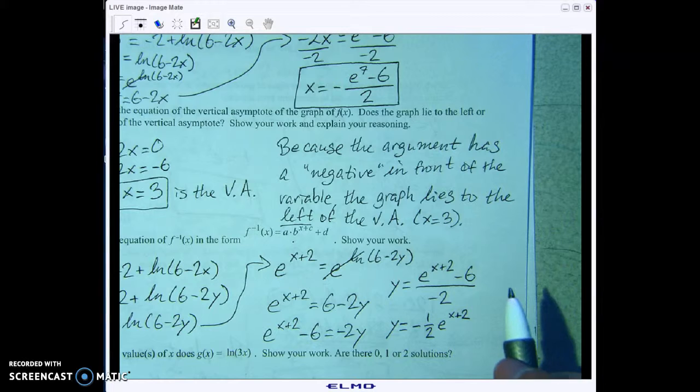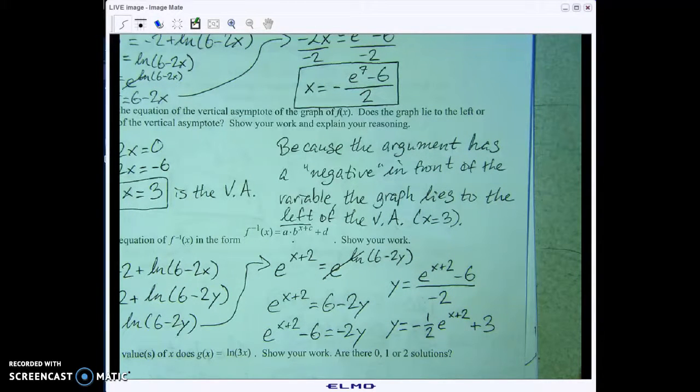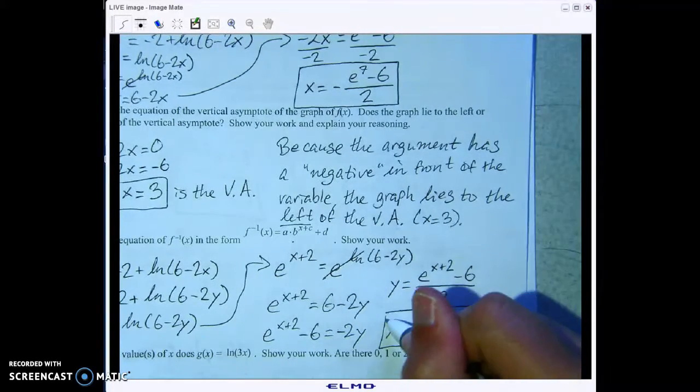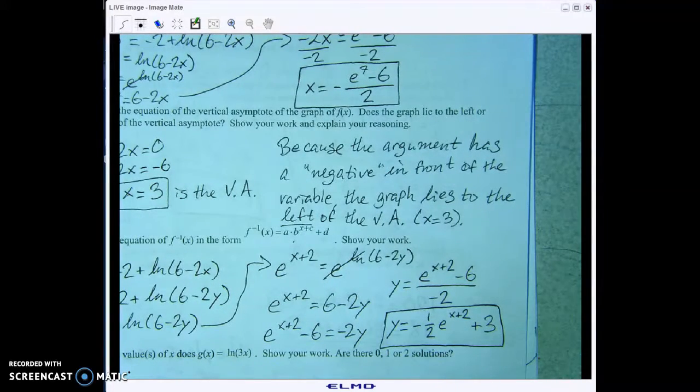So we get negative 1/2 e to the x plus 2 plus 3 as our equation. I'm actually looking over here to my left for a quick second. Negative 1/2 e to the x plus 2 plus 3. Yep, that is the equation. Okay, so that's our inverse.